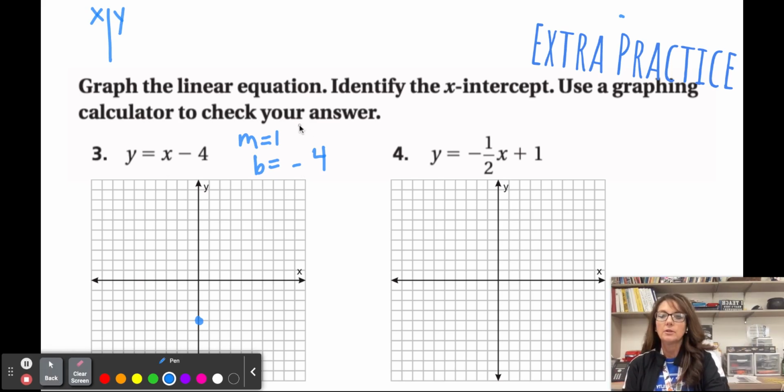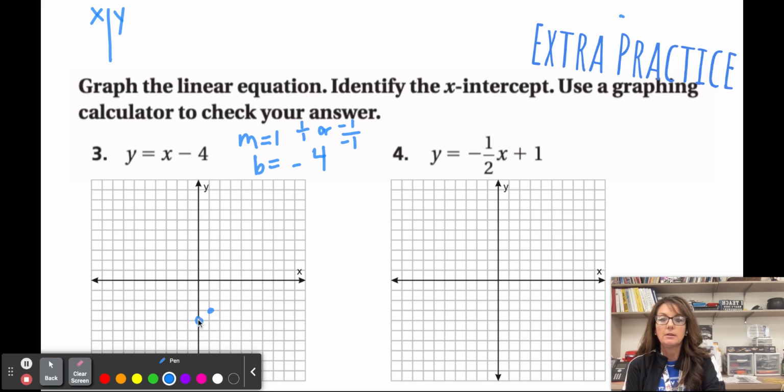Now, we need to use a rise over run ratio, and that's going to look like this, 1 over 1. But it could also look like this, a -1 over a -1. Because we see this as a positive slope, we know this line's going to go in the positive direction. So from here, we can start with a rise of 1 and a run of 1.